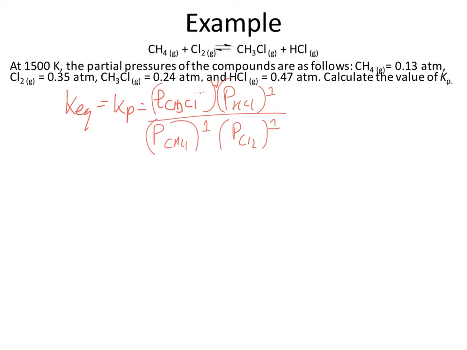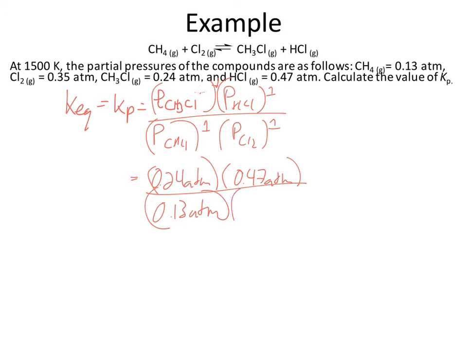Let's just plug in our values, because everything is in partial pressures already. They're in atmospheres. So we're just going to put these in. Our CH3Cl is, if we look at this, 0.24 atm to the power of 1. We can just drop that. Multiplied by HCl, which is 0.47 atm, over our partial pressure for methane, which is 0.13 atm, and multiplied by our partial pressure for chlorine, which is 0.35 atm.